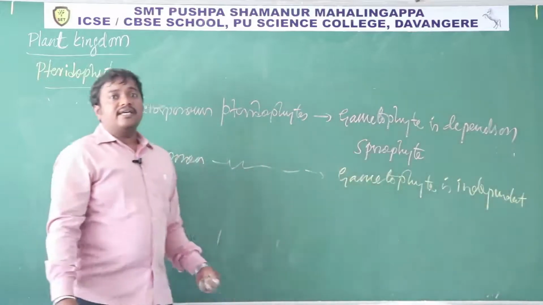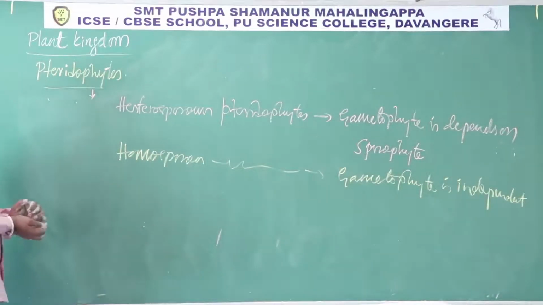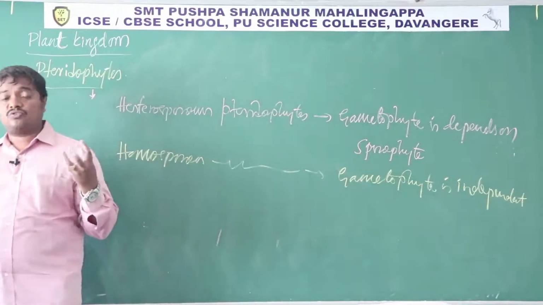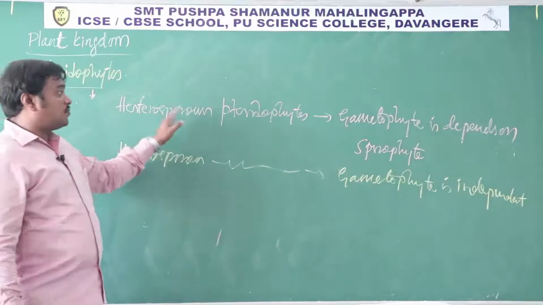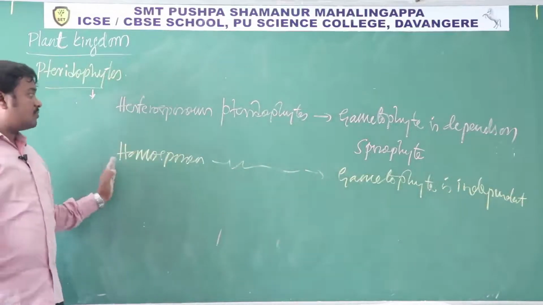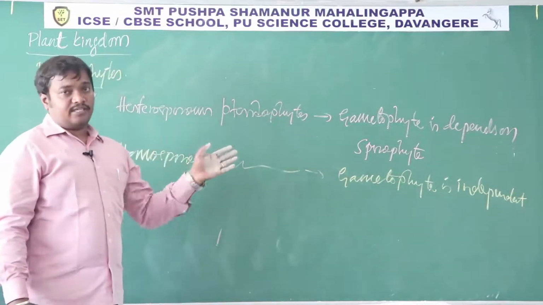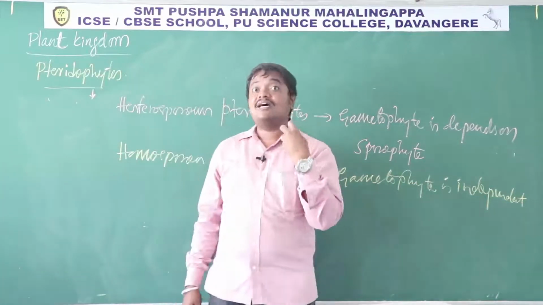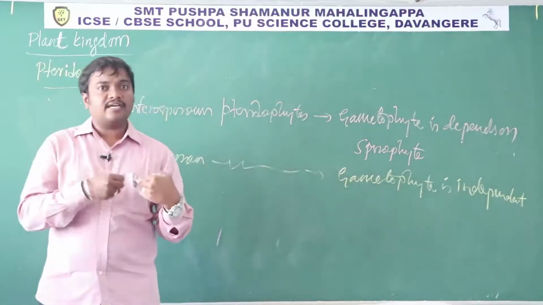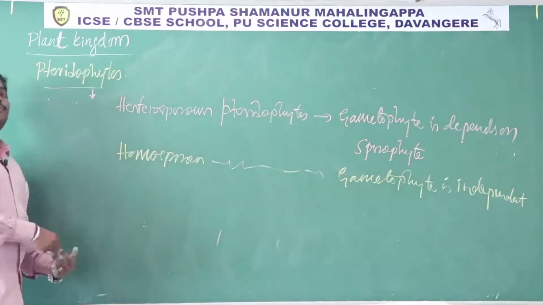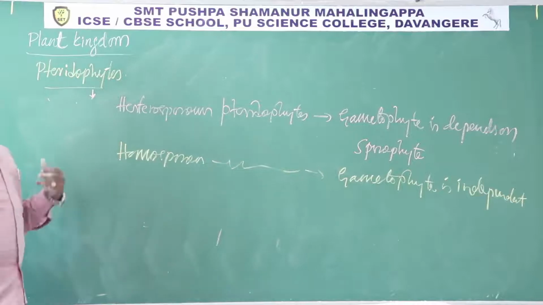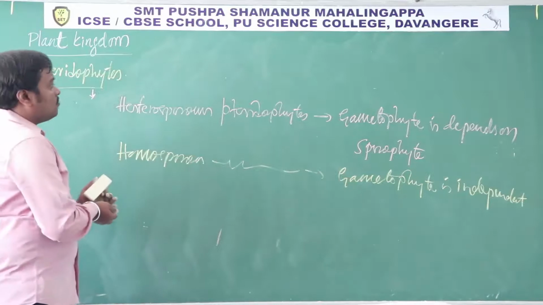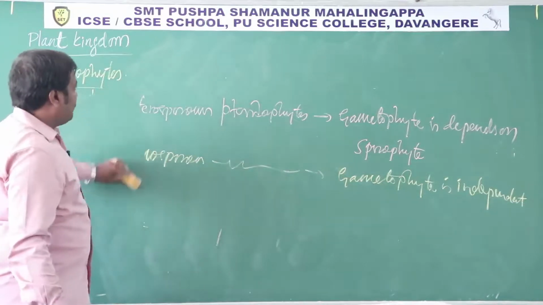Okay, so this is the major difference between heterosporous and homosporous pteridophytes. A seed-like structure is produced in heterosporous pteridophytes, but no such structures are produced in homosporous pteridophytes. These heterosporous pteridophytes are the precursor for seed habit. That same seed habit continued with the gymnosperms, and from gymnosperms the same thing evolved into angiosperms. So from an evolutionary point of view, heterosporous pteridophytes play an important role.